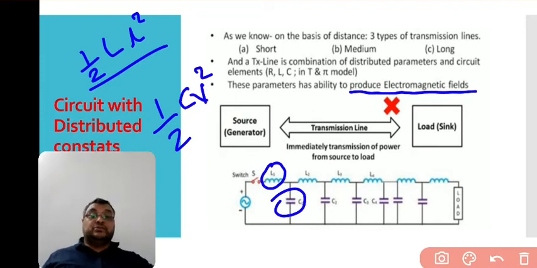So inductance produces electromagnetic energy, and the capacitor produces electrostatic energy when the switch is closed and power is passed through that L and C.